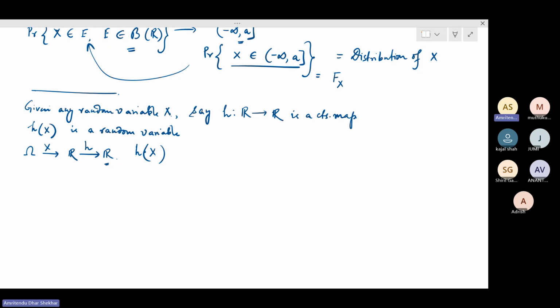Then the inverse image of this open interval, so if I take some (a, b), then the inverse of this (a, b) under H, that itself would also be an open set.